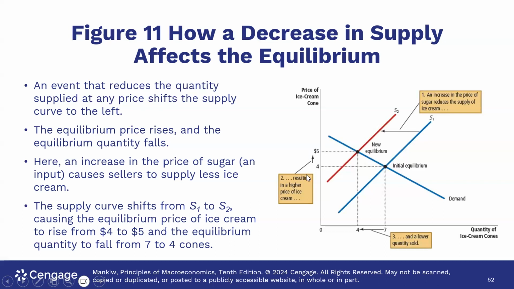If the price of the input increases, the seller needs to increase the price in order to still be profitable. In that case, the price of the final good also increases. So we can see this kind of increase in the input price actually transfers to the customers.